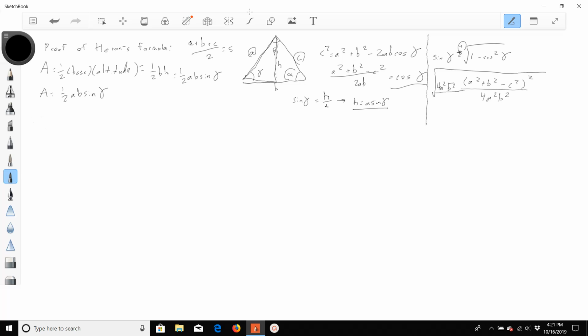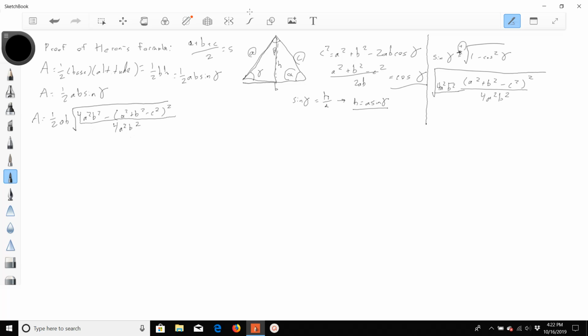Let's plug that in. So area is 1/2 ab times the square root of (4a squared b squared minus (a squared plus b squared minus c squared) squared) all over 4a squared b squared.